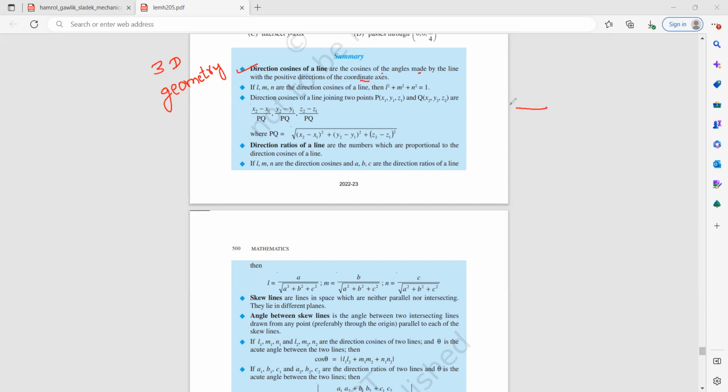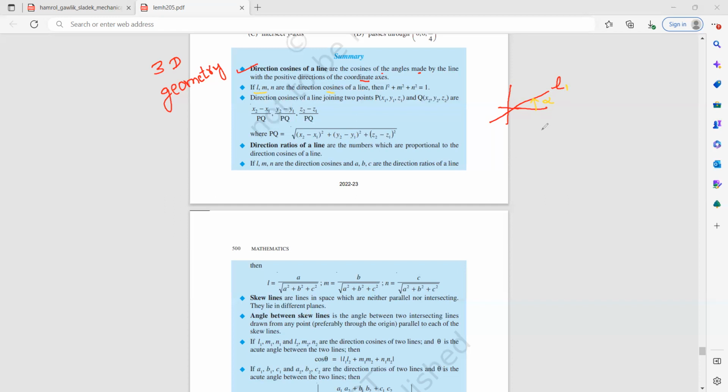For example, if we are given a line L, we can call it L1 so that you do not get confused, because here l, m, and n are direction cosines of the line.